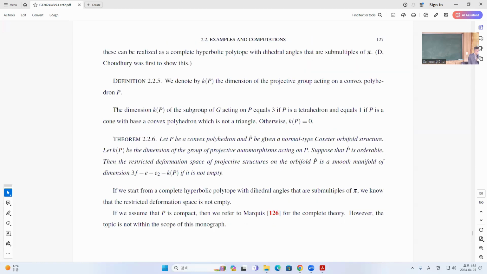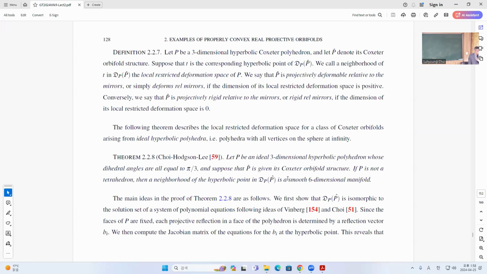And so for the orderable case, we can also show that the restricted deformation space is smooth and has dimension like this. Also, for a three-dimensional hyperbolic polyhedron whose dihedral angles are all equal to pi over 2, and given a Coxeter orbifold, you can also show that this is a smooth manifold of this dimension.